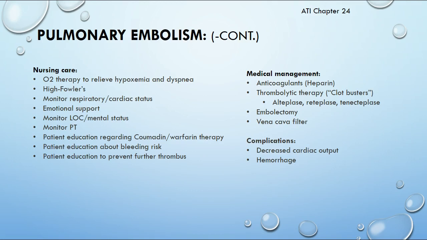If a clot is in an area that it can be removed, they'll do an embolectomy. And if a patient is at an increased risk for clots, they may surgically put in a vena cava filter. Complications obviously are going to be decreased cardiac output, hemorrhage, and the worst issue with pulmonary embolism is death.